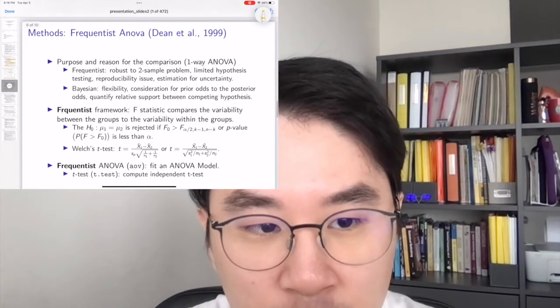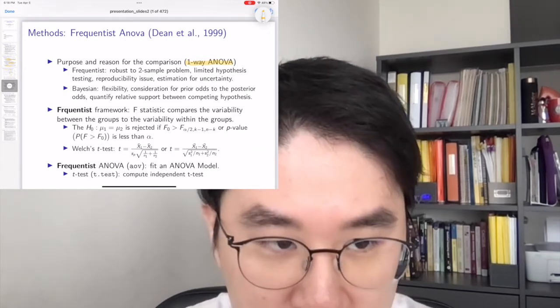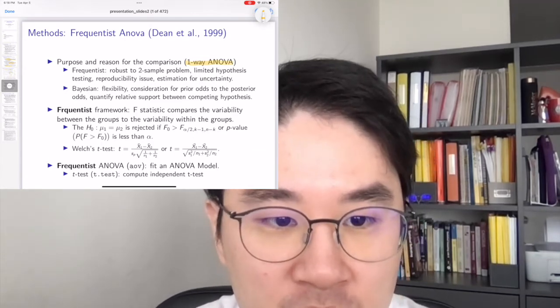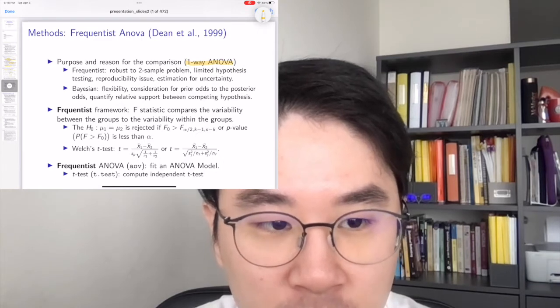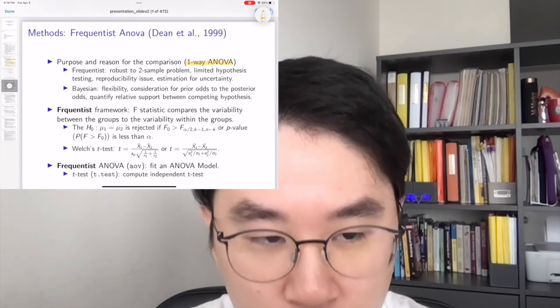The traditional analysis of variance involves, as the name suggests, a comparison of variance. In the frequentist framework, the variance between each level of the categorical predictor is compared to the variance within the levels of the categorical predictor.